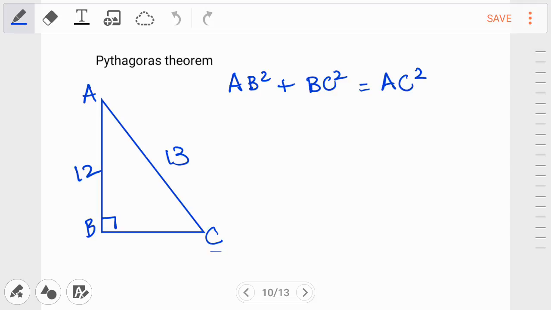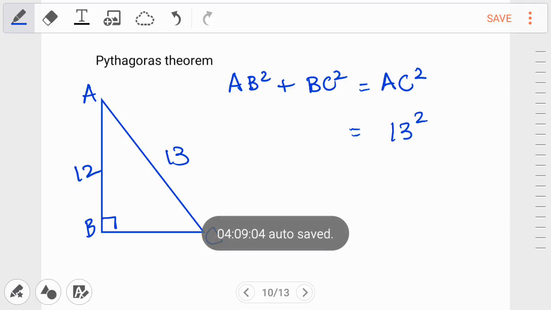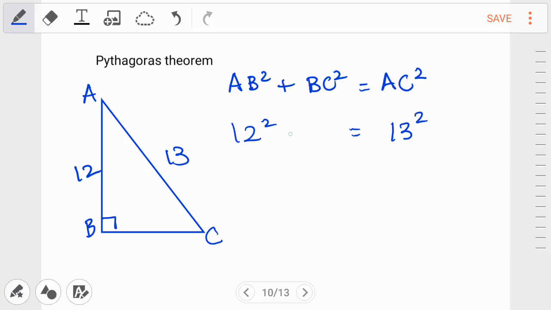So here they have given you the hypotenuse, that is AC, as 13. And we know the long side is 12. It doesn't matter if I write the long side first or the short side first. But don't forget the squares. So BC square.